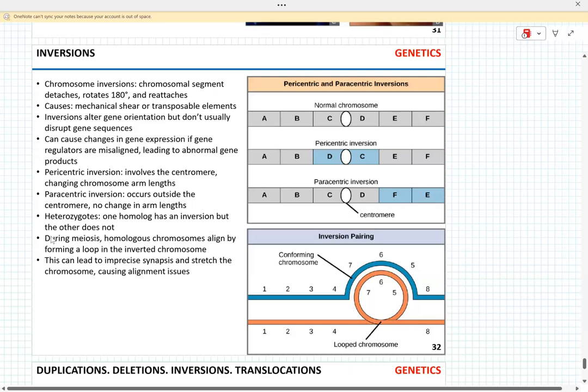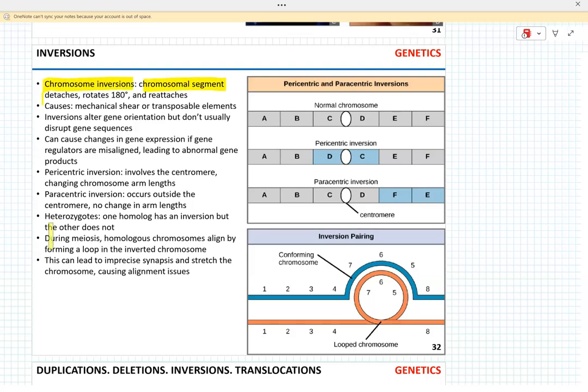Inversion is another example of chromosomal abnormalities. In chromosomal inversions, a segment of a chromosome rotates 180 degrees. It can be caused by mechanical shear on the chromosome, or transposable elements, which we don't have time to cover, but imagine fragments of the chromosome jumping around.